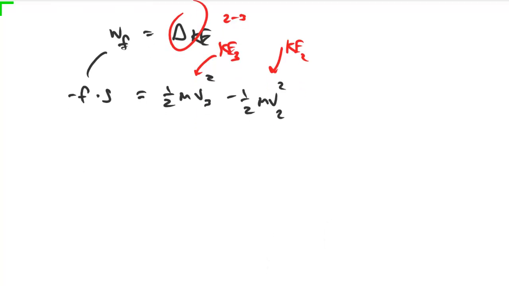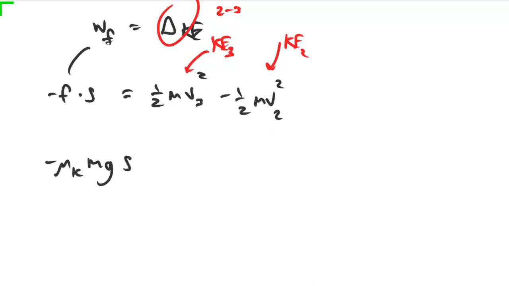So this frictional force is negative mu k mg. The normal force was mg in this case. And this is going to be equal to then, I can factor out the 1/2 m. And actually V3 is even simpler here, because it came to rest, V3 was equal to 0, right?